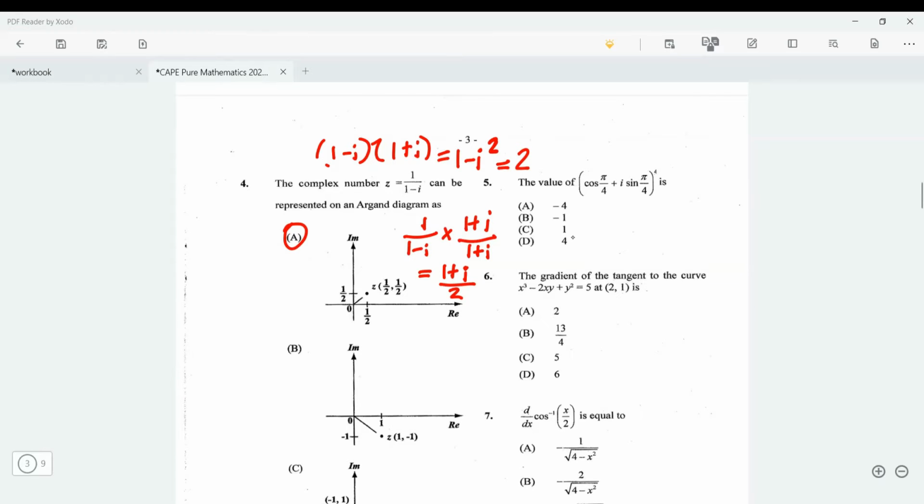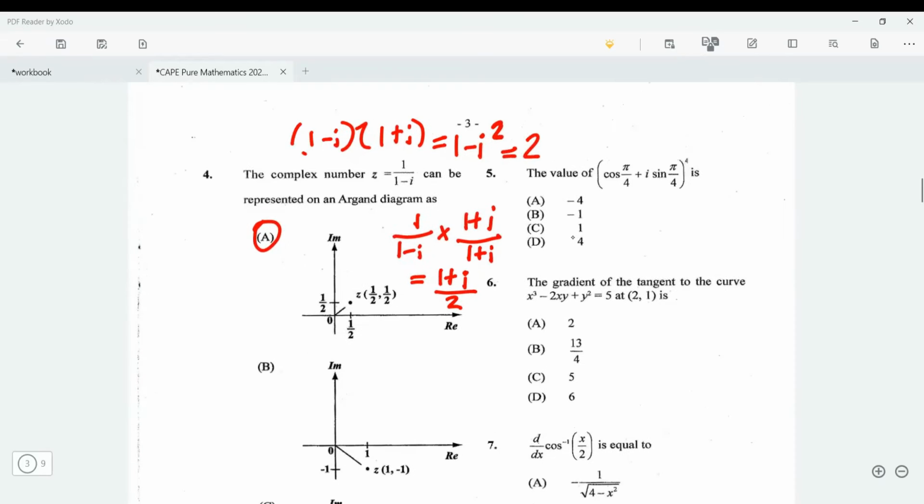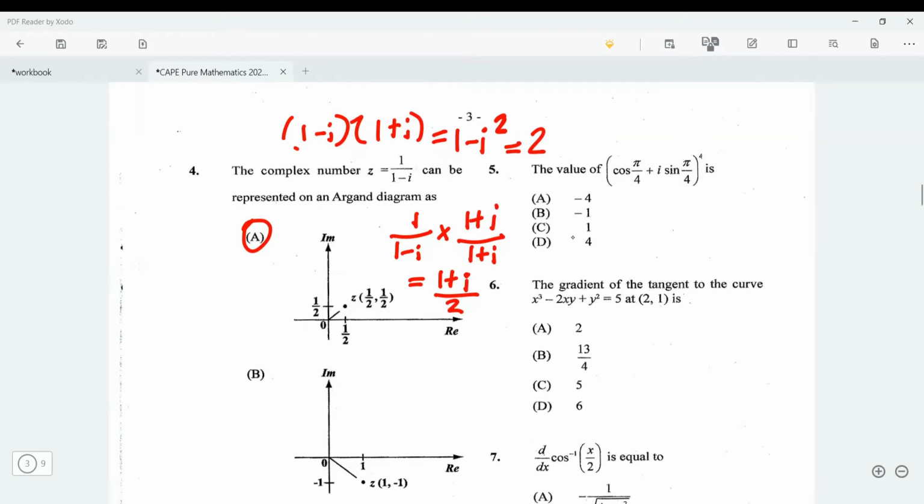Question 5. Find the value of cos of pi by 4 plus i sine pi by 4 raised to the 4th power. We're going to use De Moivre's theorem to do this. Remember, De Moivre's theorem tells us that we can bring down the power to get cos of 4 times pi by 4 plus i sine 4 times pi by 4.